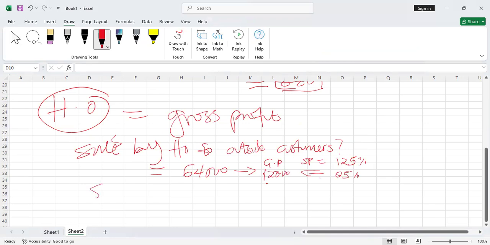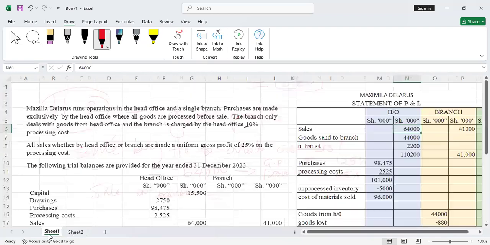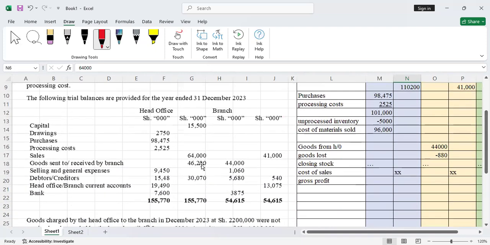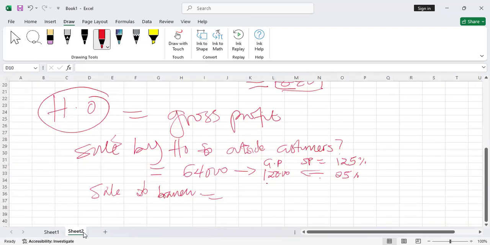Now, sell to branch. Is this 44 plus the ones in transit? Remember, the head office has already dealt with those goods. So they are selling 46,200. Sell to branch is 46,200. These guys sell to the branch at 110%.